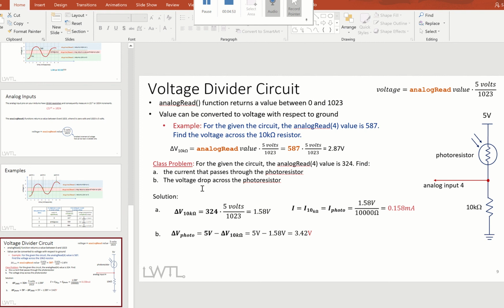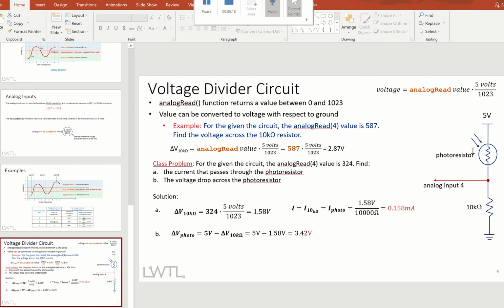Then here's another example. If the analog value is 324, the voltage across the 10 kilo ohms is going to be 5 volts divided by 1023, then times 324. So the voltage here is going to be 1.58.